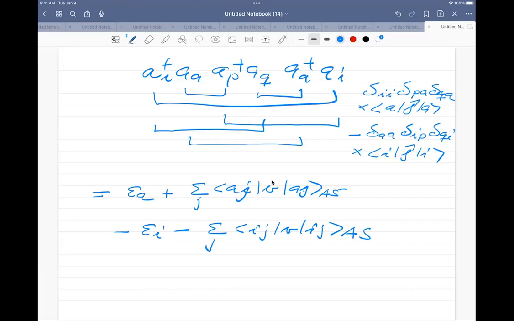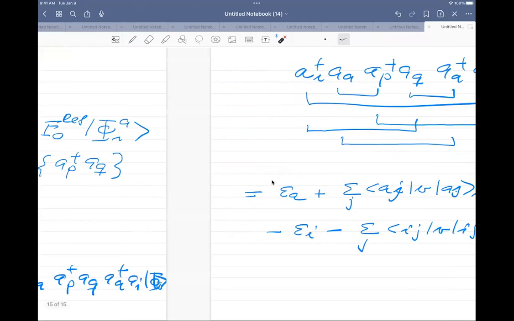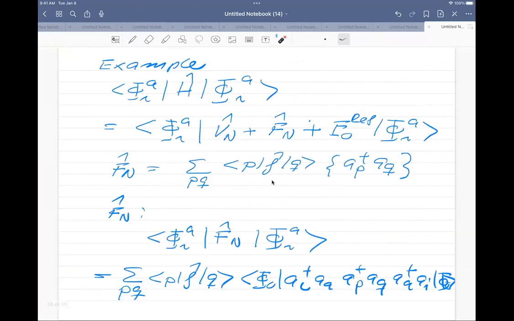So in our previous life, when we didn't have this vacuum state, this term which you see here would come from an expectation value of the two-body operator. So if we hadn't redefined the vacuum as we did, we would have gotten this term, but it would have come from your two-body operator here, not defined with respect to the new vacuum.